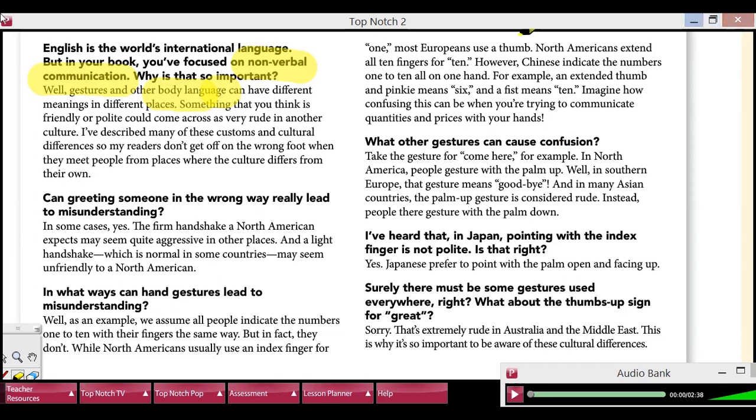Okay, now let's start reading this. You have five minutes to read this, and then you are going to give me an idea.